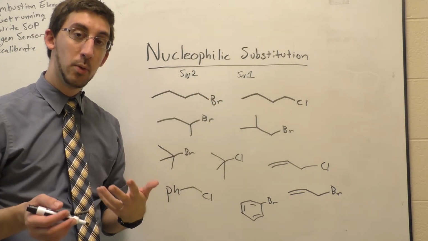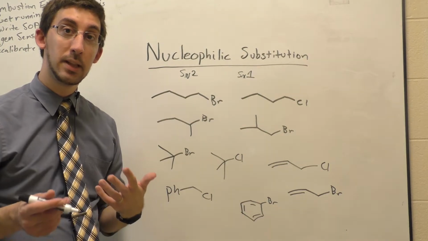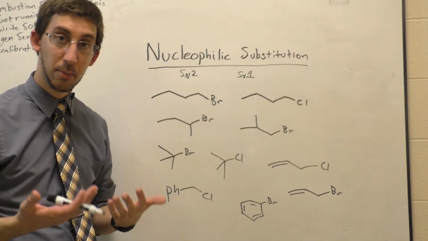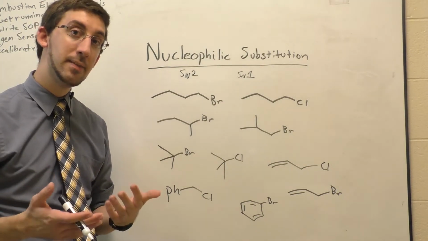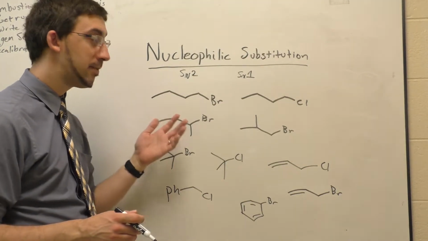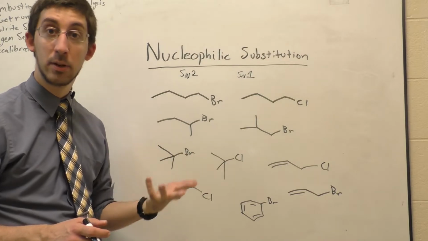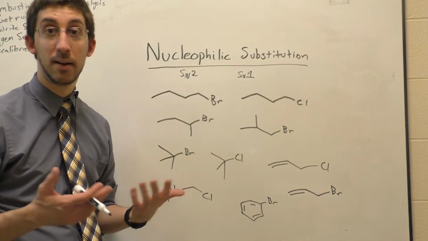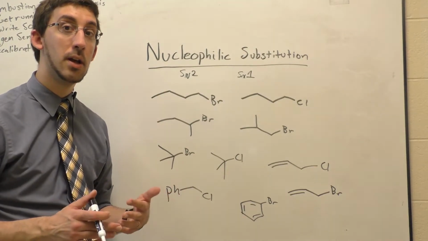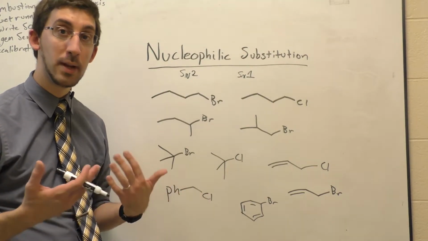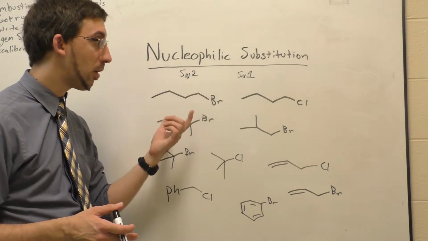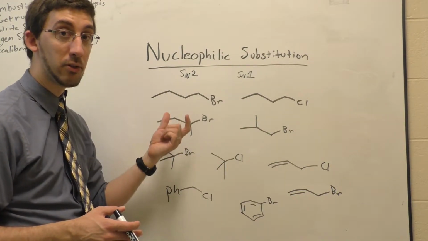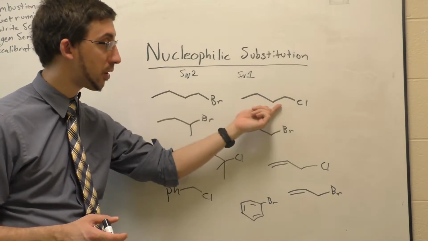And the other thing that we want to compare here is the identity of the leaving group. So you'll notice that in a couple of these, there's pairs of the same substrate structure, but a different leaving group. So bromine versus chlorine, one of these is a better leaving group than the other. And so we would expect that to have an effect, possibly a significant effect, on the rate of the reaction. And so we'll compare the rates of these kind of substrate pairs, the bromide versus the chloride.